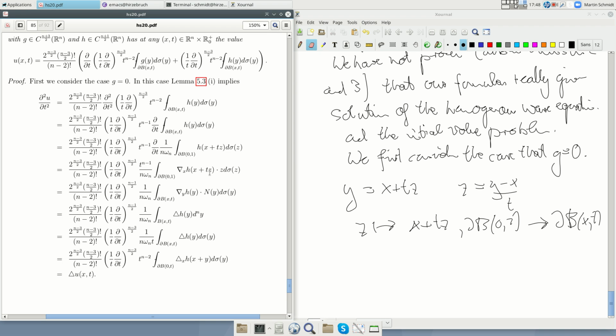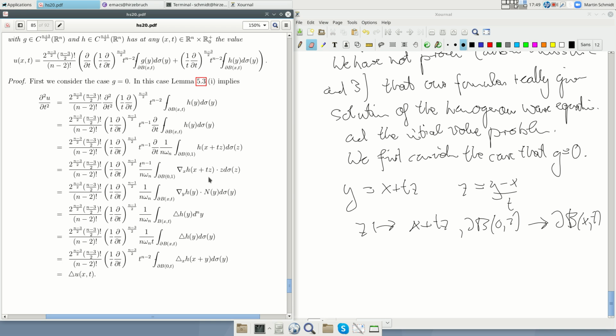So by replacing the coordinates z by the coordinates y, we have to get back these factors. This is of course a vector of length 1, so it's the outer normal. So we obtain this, and then now we can apply the Gauss formula, the divergence formula.